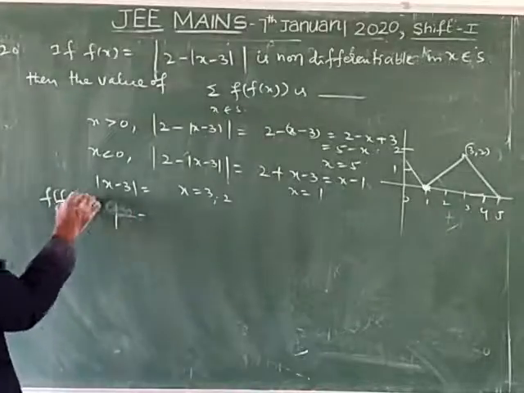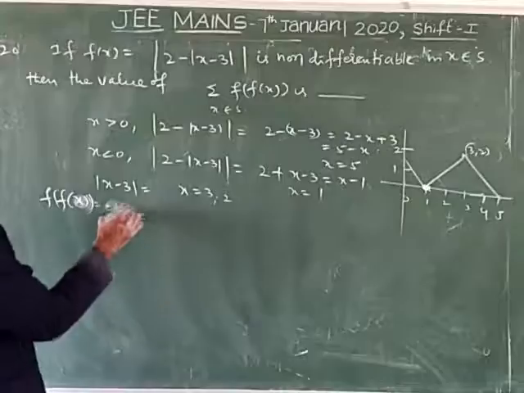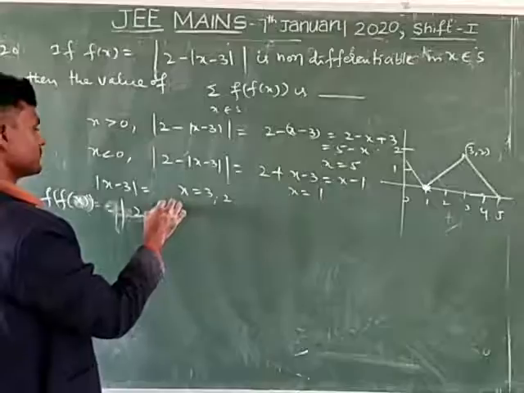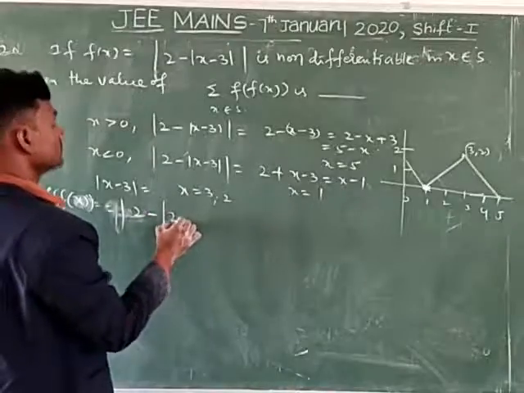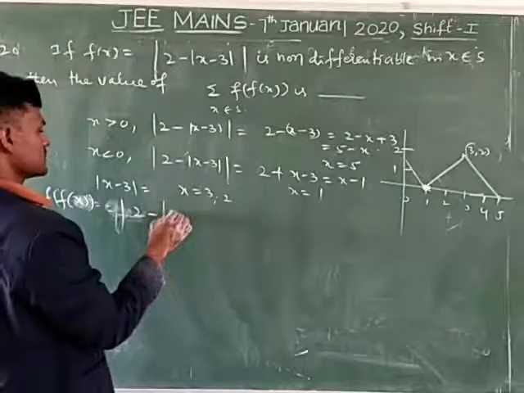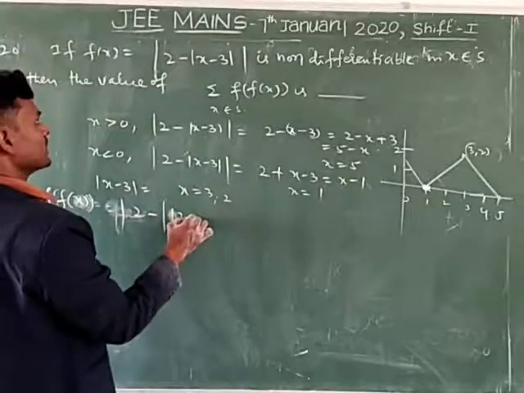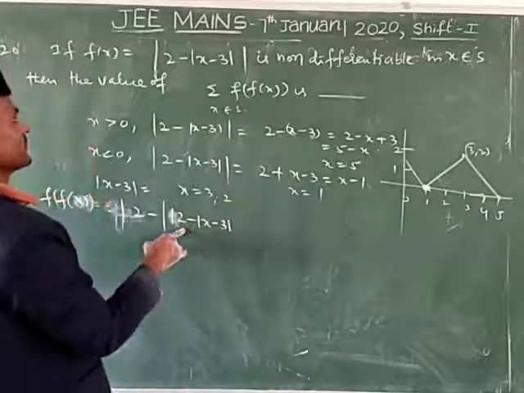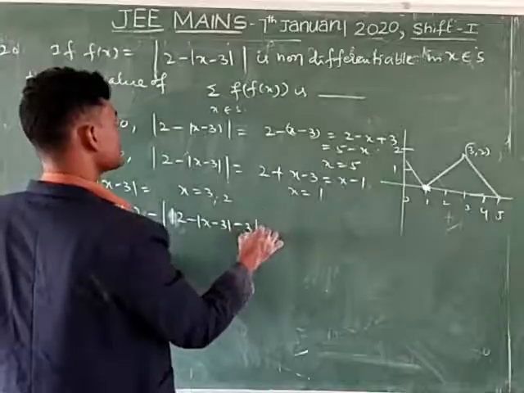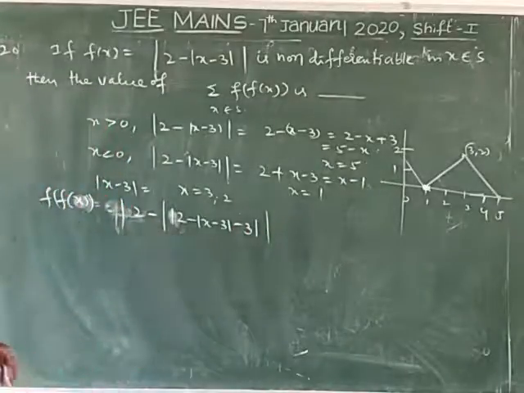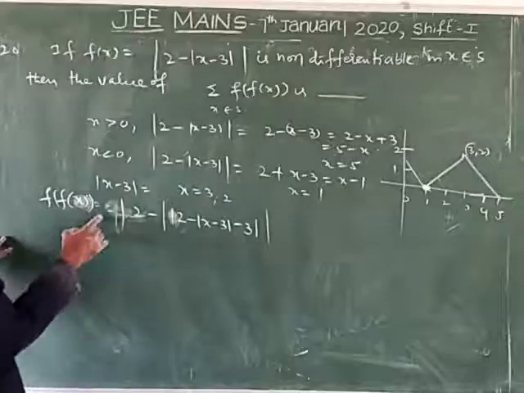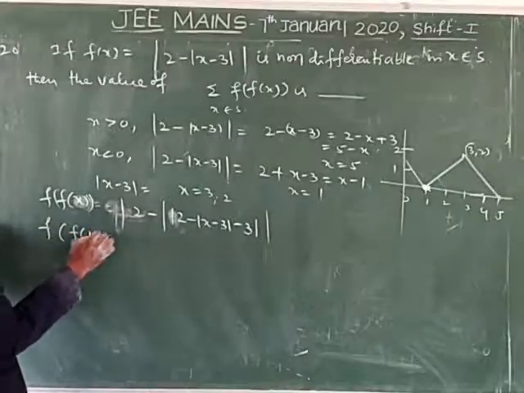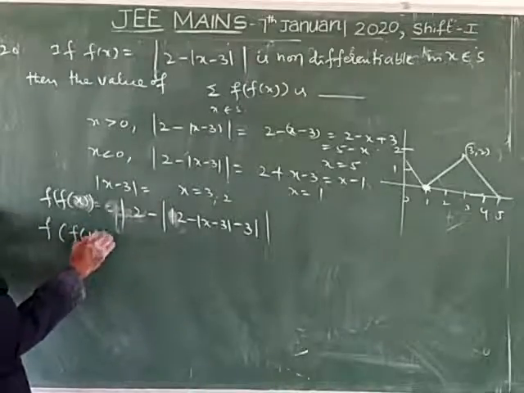First you have to find f of x. f of x means 2 minus modulus of x minus 3, and then this is modulus of f of x. Now f of 1, you can take f of 1 or 5 or 3, anyone. You have to take here 1.